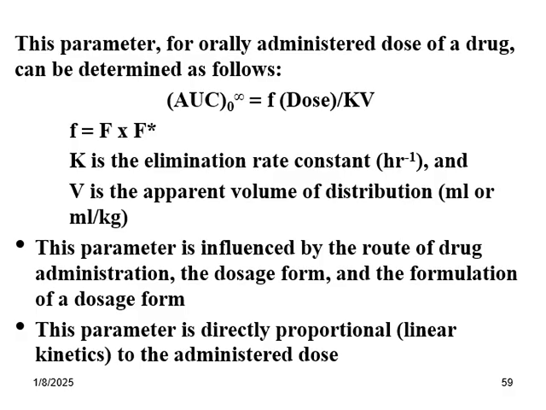This parameter is influenced by the route of drug administration, the dosage form, and the formulation of a dosage form. Many things. And this parameter is directly proportional to the administered dose. I think I mentioned this part before.